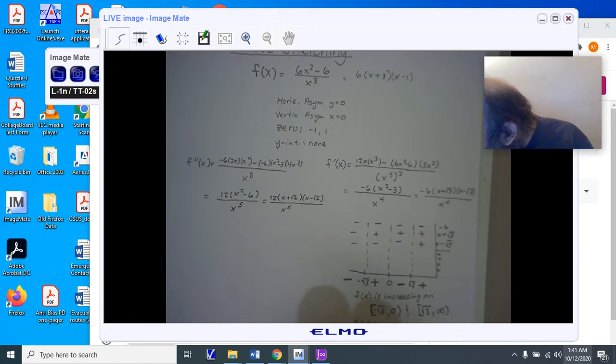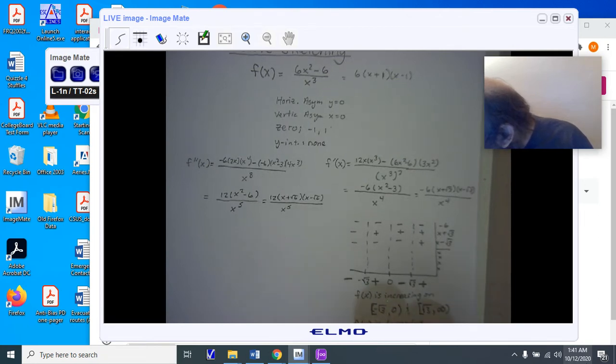F of x is decreasing on our mutually exclusive intervals, negative infinity to the negative root 3, obviously, except that shared point. So that's not valid. It's not mutually exclusive.